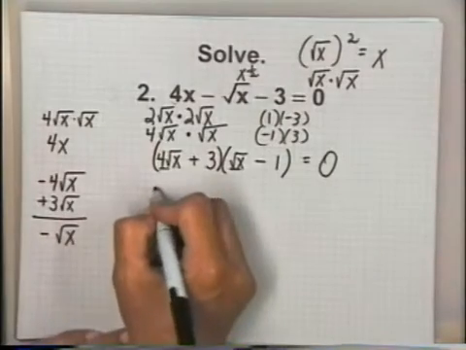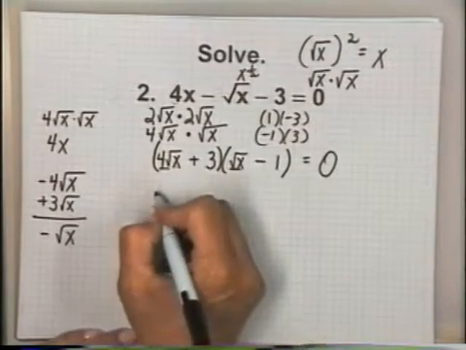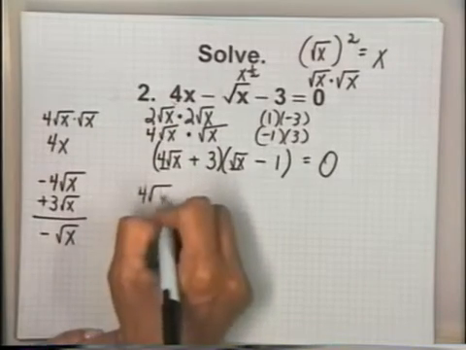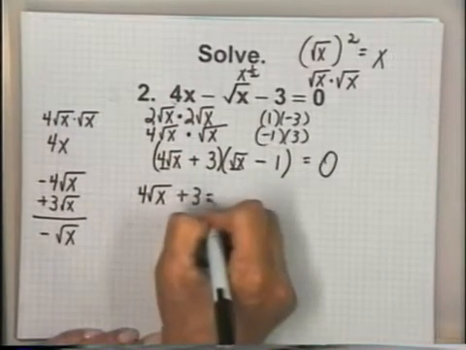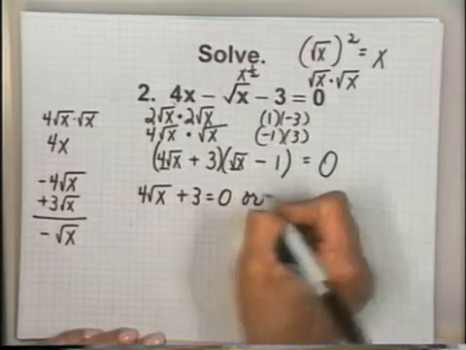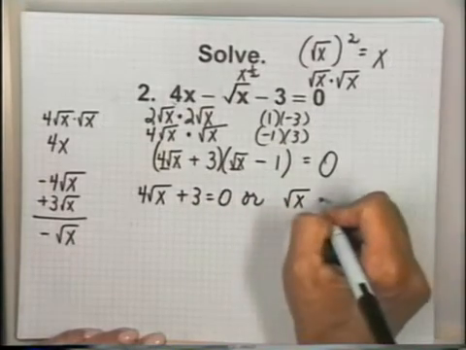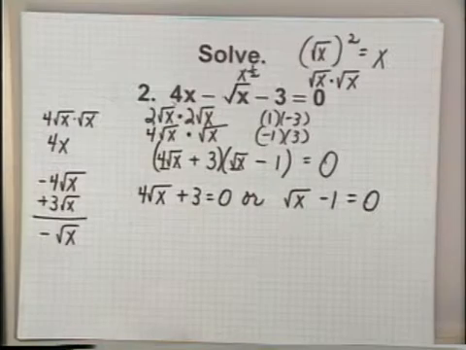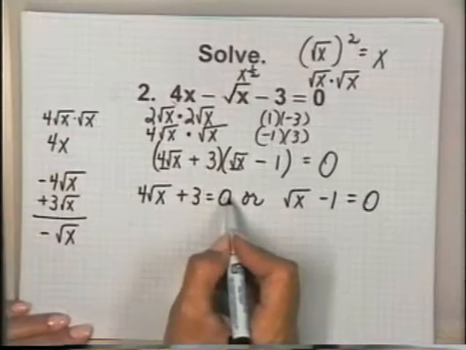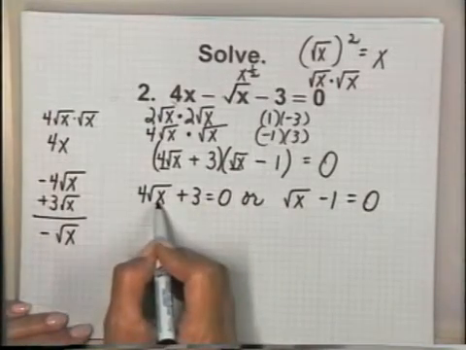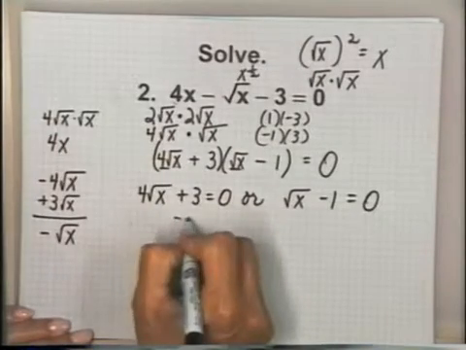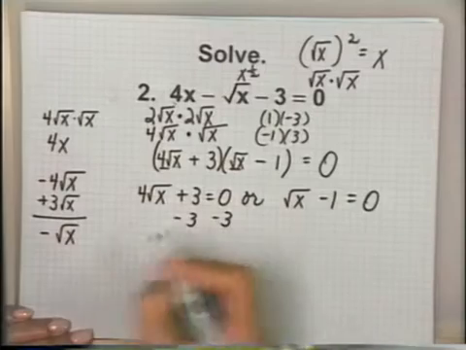Now that I have this factored, let's use our zero product theorem. We may say 4 times the square root of x plus 3 equals 0, or the square root of x minus 1 equals 0. For this first equation, it's a radical equation. I know that I want to isolate the radical. I subtract 3 first.